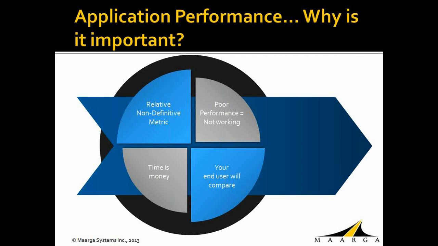For VIP users, for people who don't have time, for people who are sitting right at the top of the tree in the organization, for CIOs, for CTOs, for department managers, for business managers, poor performance, according to them, is a non-working application. If you give them an application that takes 25 seconds to load, it's equal to them to saying that this application does not work.